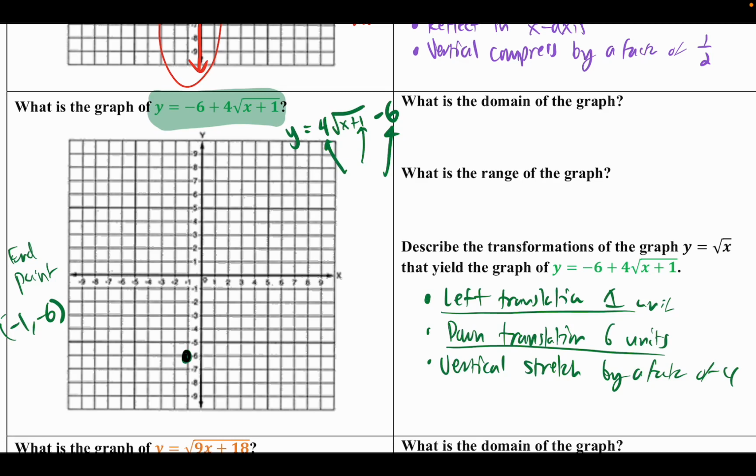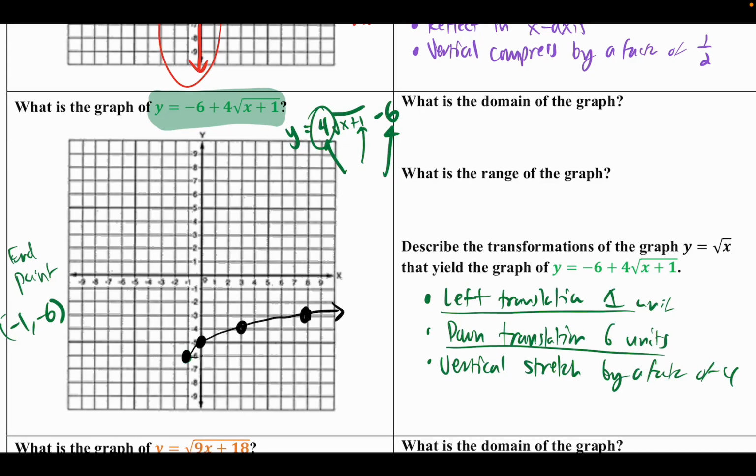If I were to graph a normal square root function that's not stretched or compressed, from that point I'd go over 1, up 1, and then over 4 from the endpoint, up 2, and then over 9, and up 3, right? That sort of graph would not be stretched or compressed. The reason I'm graphing this here is so that you can compare to when it's actually stretched, in this case by a factor of 4.